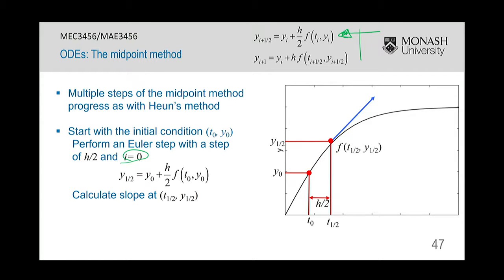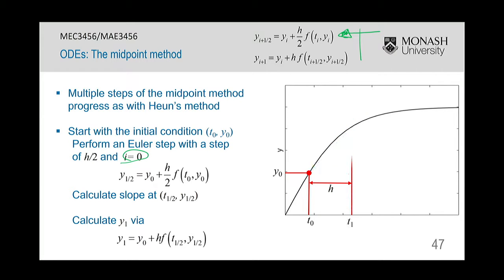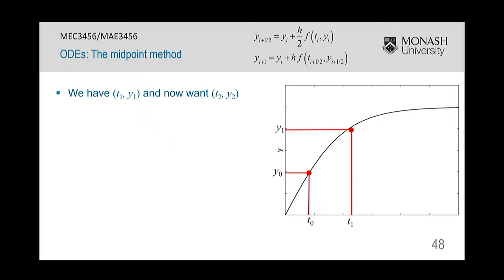We then calculate the slope at t_1 half, y_1 half. And we calculate y_1 using this slope and the corrector formula, that formula down there, with i equal to 0. So we've now done one step of the midpoint method.